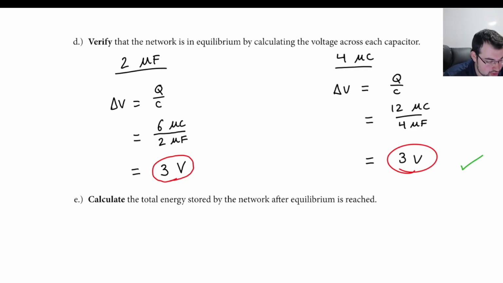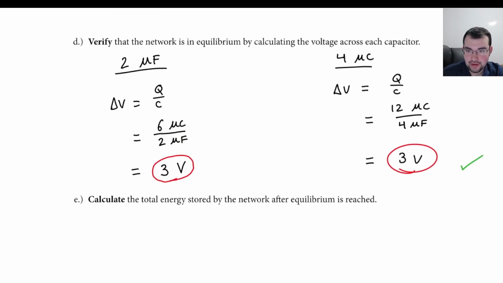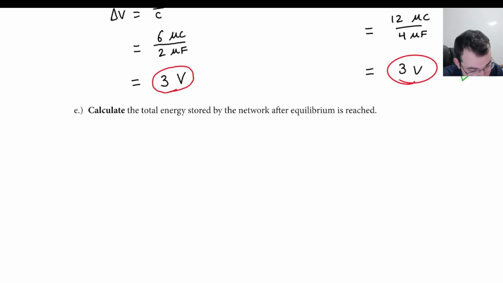Calculate the total energy stored by the network after equilibrium is reached. So you can use any energy formula you'd like. We'll show all 3 just because we can. U stored in a capacitor, by definition, is half of Q delta V. And we went through this argument last time that it's a half of QV because it doesn't actually cost any energy to separate the first bundle of charge.